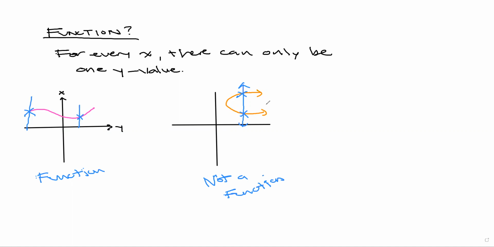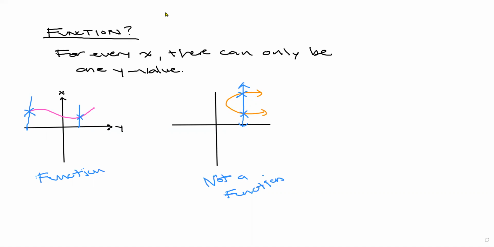Now, let's apply this to the definition. So it says for every x, there can only be one y value. So here on the left side of the graph, you give me any x, it only spits out one y value. All right.